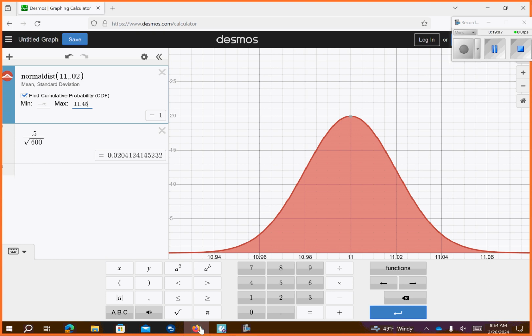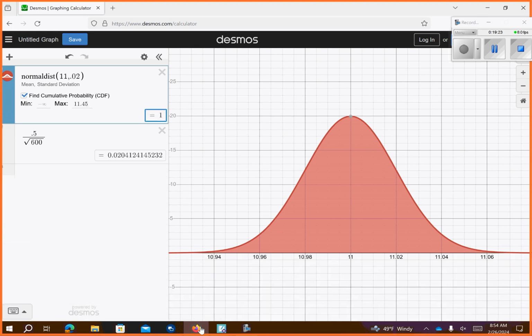So look how far away my 11.45 is. I get to an answer of 1. I mean, it's 100% of our area under the curve. I mean, we got to round it. So we are so far away from it. So in this case, our p-value in this is like 1.